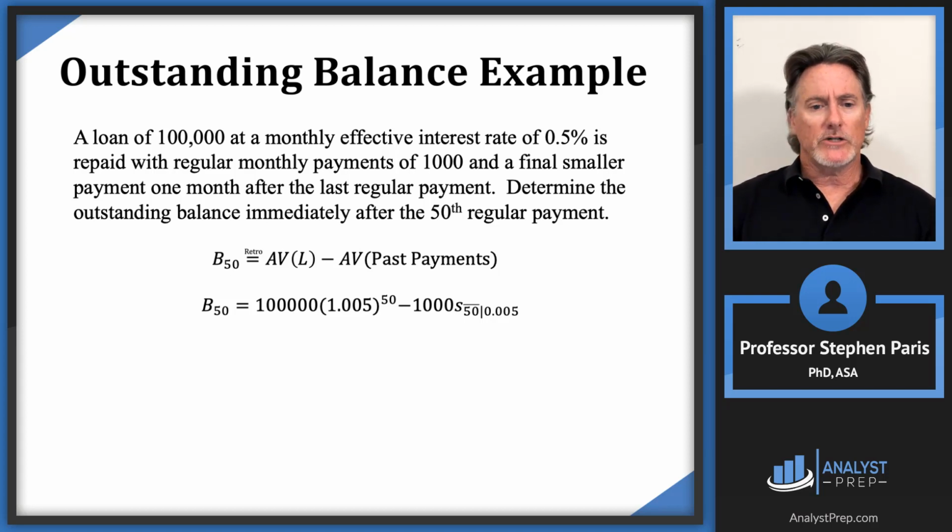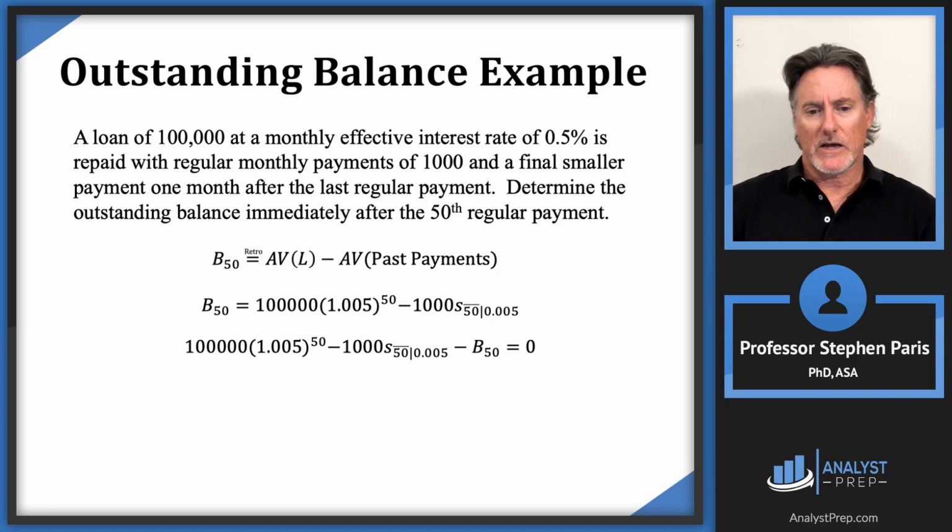What I choose to do on these types of problems is put the payment in as a negative when I'm using my calculator. So I'm going to subtract B50 from both sides, because the payment shows up as that 1,000, the number in front of the s angle 50. I'm going to input it as a negative, so I want that minus sign in front of the 1,000.